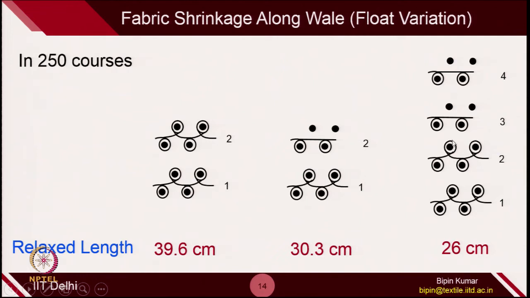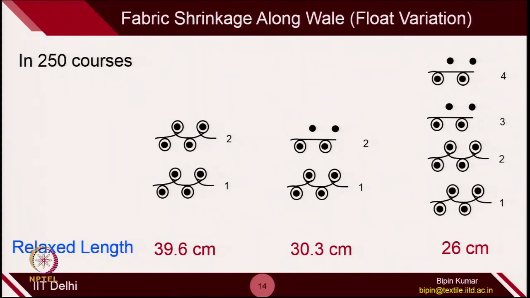So, the same old loop is held for 3 courses in this fabric, and here the same needle is holding the held loop for 2 courses. In the third course it is released, here after every 4 courses that held loop is released. So, because of that the length of held loop is more in case of floats in this fabric, and the fabric shrinks too much in the wale direction.